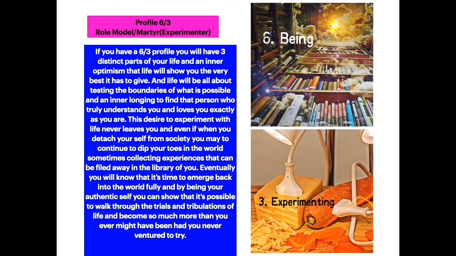And if a person accepts that, and the reason why you're doing all this experimenting is because it is for the greater good of everybody else, so that what you've learned can be transmitted to other people, so that they can learn from all the experiments and all the knocks and the things that you've done, so that others don't have to work through the experiments like you did, and they can get the benefits without having to do the experiments that you've done for them. So anybody with a 6-3 profile is going to be an abundance of information, abundance of knowledge, and someone who can really tell you the stories of what does work and what you should just steer clear of.